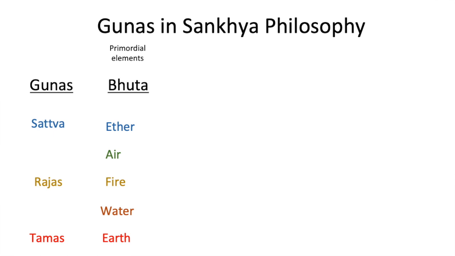Let's go over to the subtle energies, the tanmatras, the second set of the 24 in Samkhya philosophy. The sattvic element is sound. We hear sounds, and it's very uplifting, very enlightening. Sound is the best way to learn.